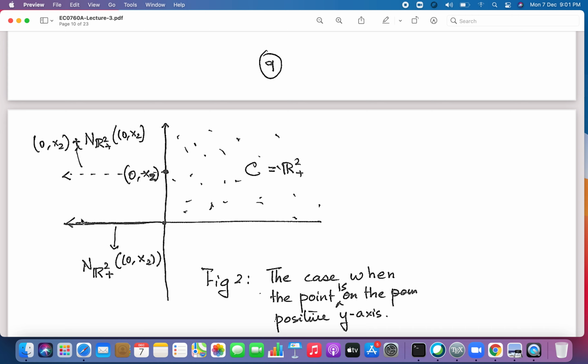And when both the points are 0 0, then the normal cone, so 0 is the projection. Take a point on the non-negative x-axis, 0 is the projection point. Take a point on the negative, sorry, I'm talking about non-negative. I'm making a mistake here.